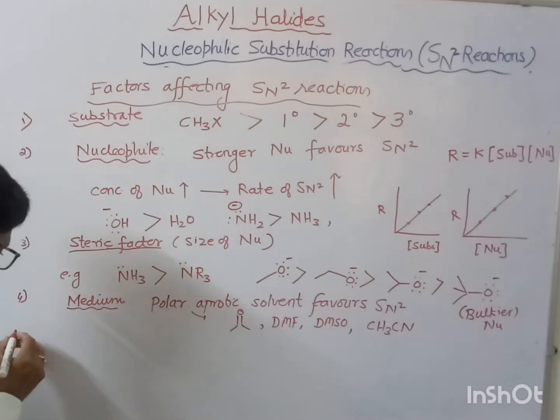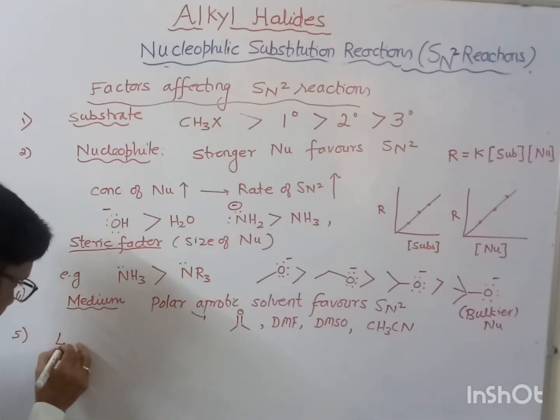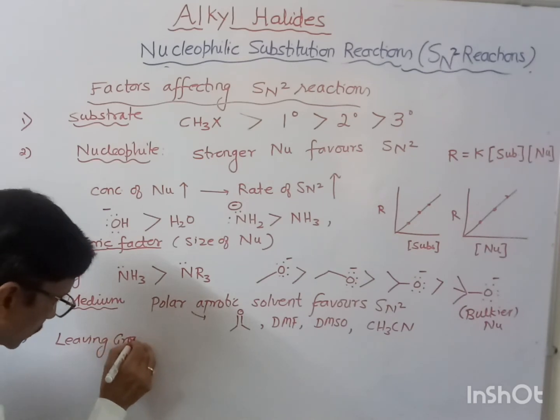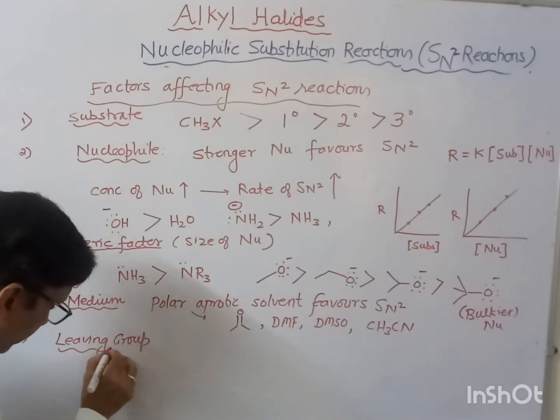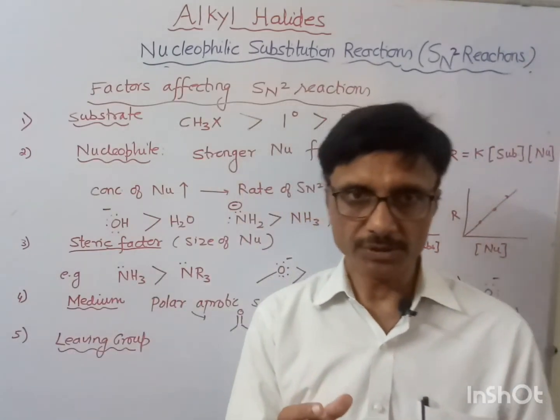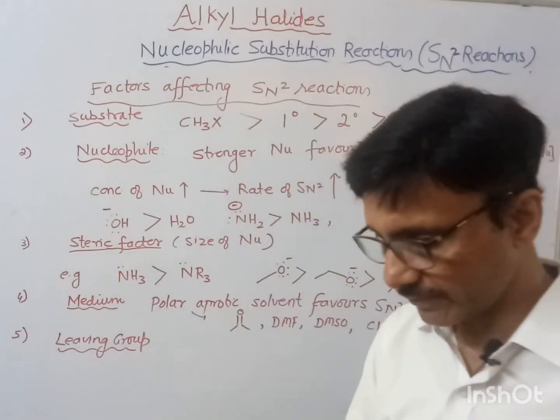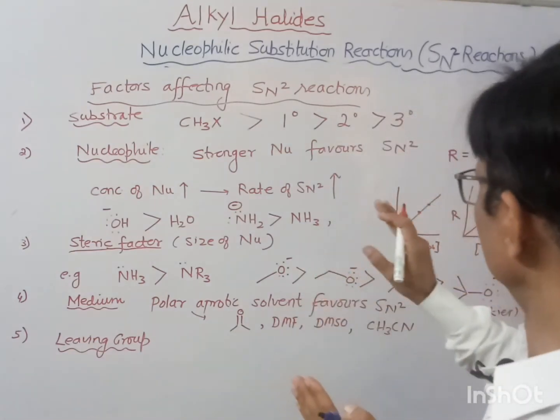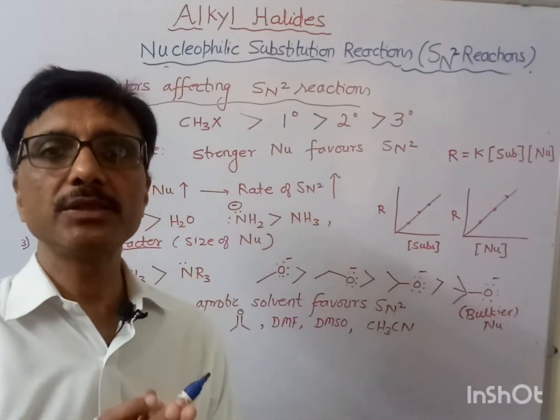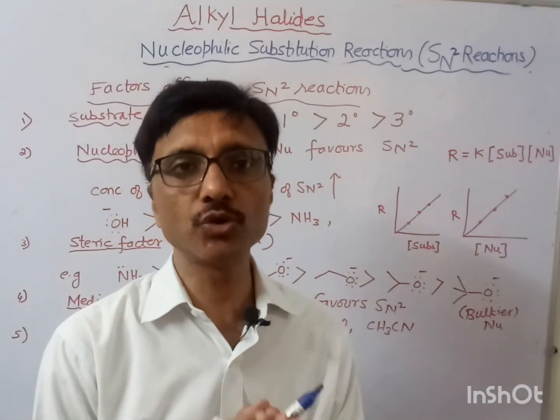Okay, next is the leaving group. Already in my previous lecture I told you that for nucleophilic substitution reaction, the leaving group should be a stronger, stable leaving group. A stable leaving group means it should be a weak base, or weak conjugate base.